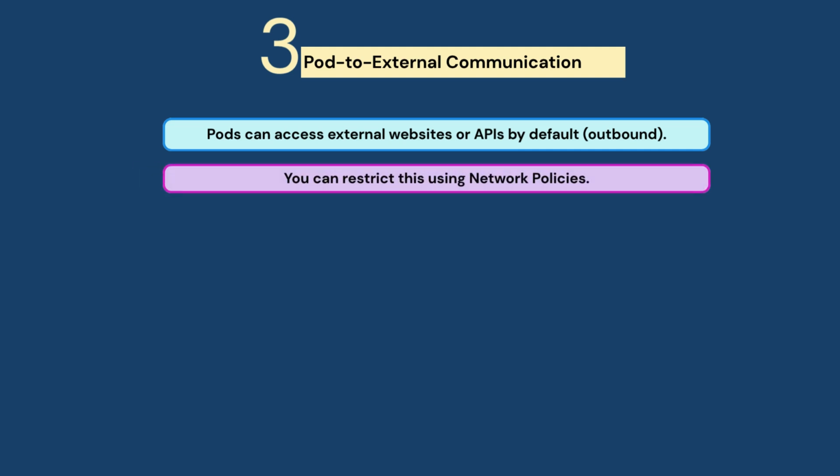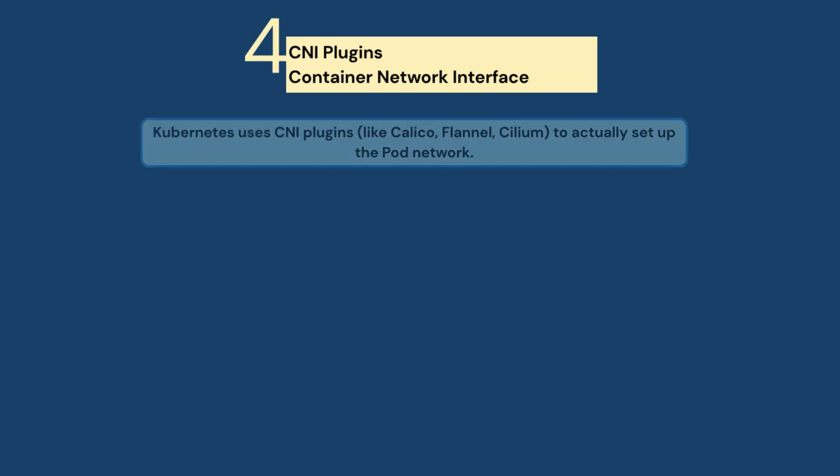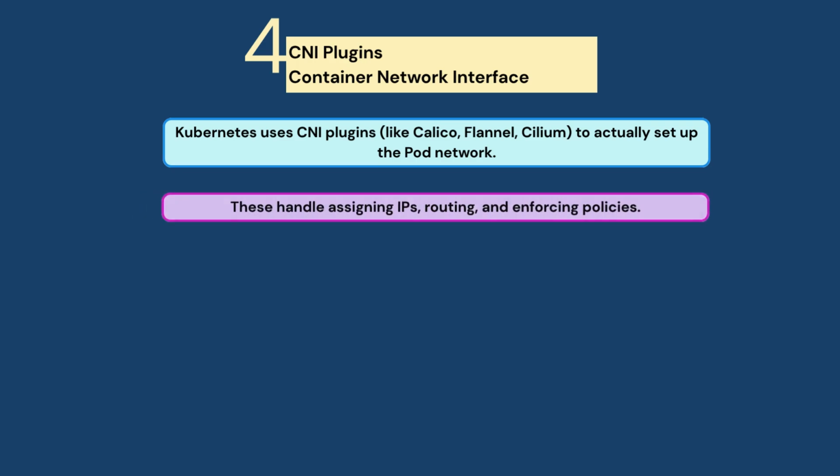You can restrict this using network policies. Number four, CNI plugins. CNI is Container Network Interface. Kubernetes uses CNI plugins to actually set up the pod network. These handle assigning IPs, routing, and enforcing policies.